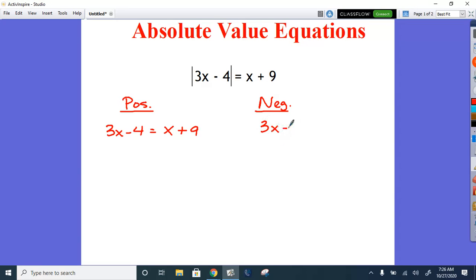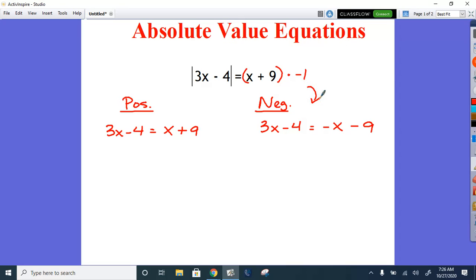So the 3x minus 4 doesn't change, but the positive x becomes negative x, and the positive 9 becomes negative 9. So that's the only change that happens here. You make the entire thing negative. Essentially what you're doing is multiplying this side by negative 1. That's how we get the negative equation over here.